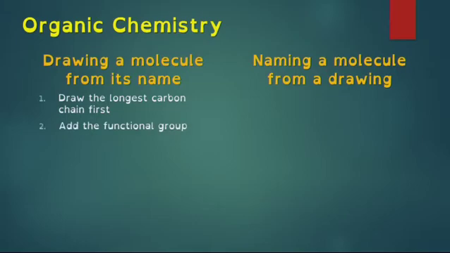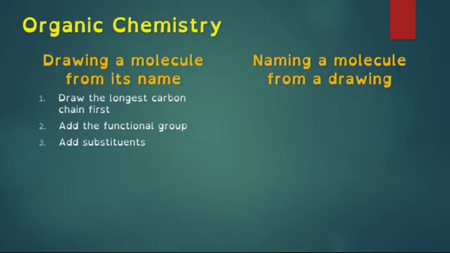This is why I only add my bonds after I've drawn the right number of carbons. So whether you have pentane, so you're only drawing single bonds, or whether you have a pentanol, so you have to go and add an OH group, you have to deal with that at this point.